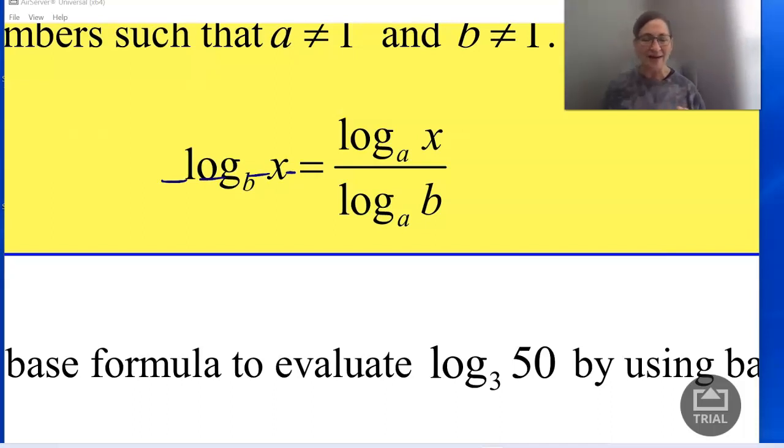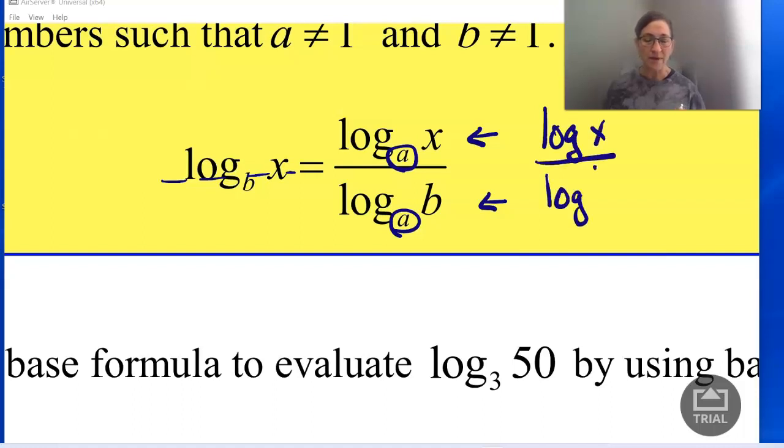So the x becomes your argument for your log in the numerator, and your denominator will be that b. You could write this as a ratio of just log x over log b, and those would both be base 10.